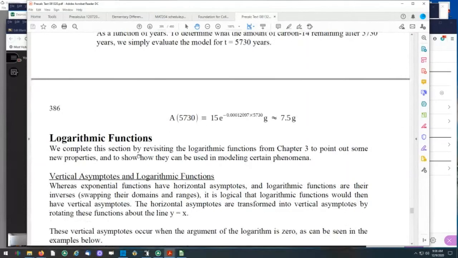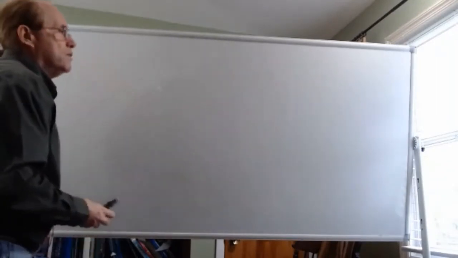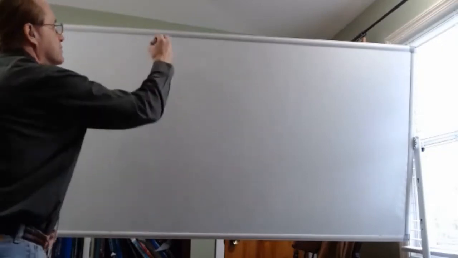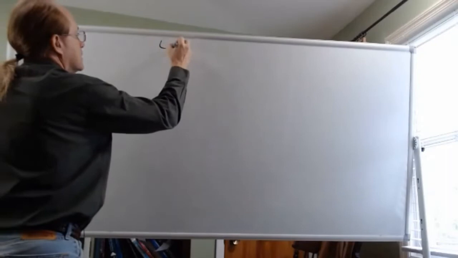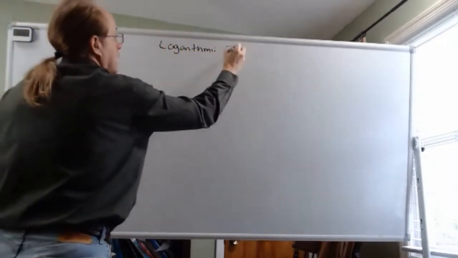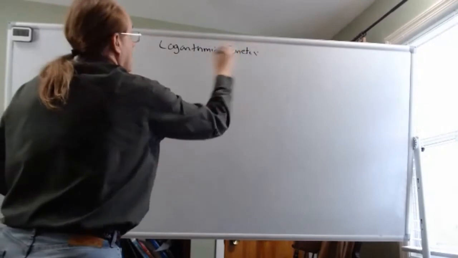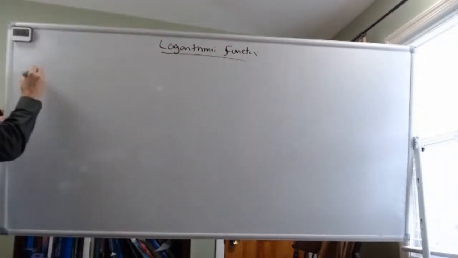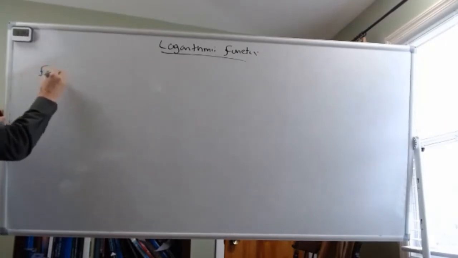Okay, our focus now is going to be on the logarithms. We know that logarithms and exponential functions are inverse functions of each other. So for example, let's take a simple f of x equal to e to the x.